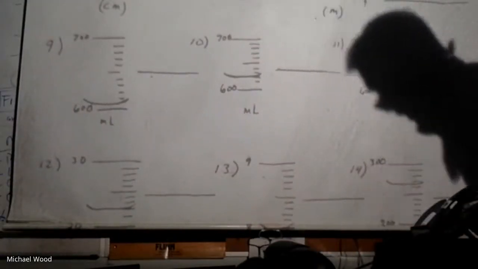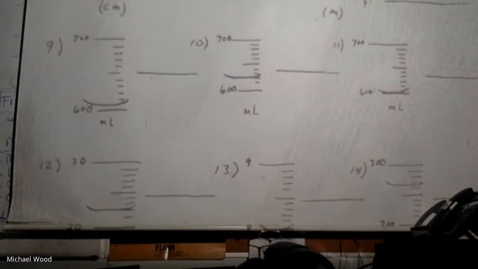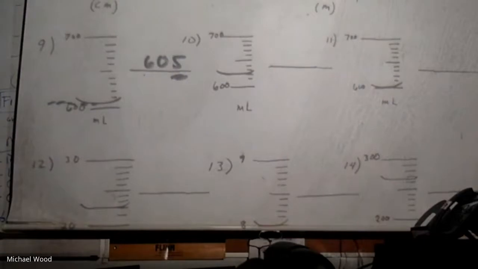When you have a reading, I keep looking in here, making sure you guys can see what I'm doing. This is called a meniscus, and something we'll talk about later. You always want to read it on the bottom. Now, this measuring tool is the same thing. It's going to the tens, so I would want to go to the hundreds. So I have this as 605, which means the 5 is an estimated number.